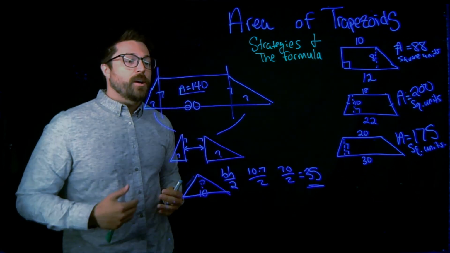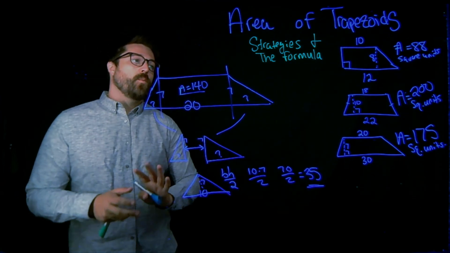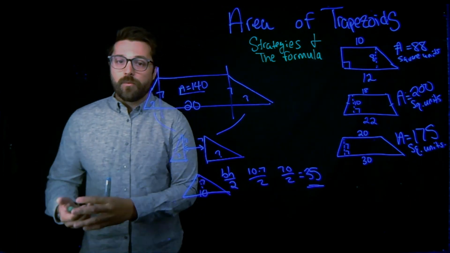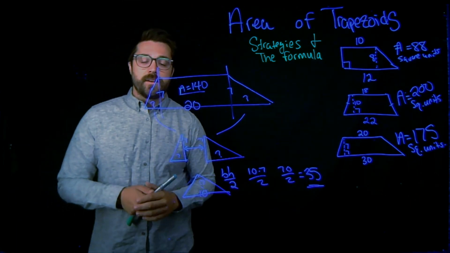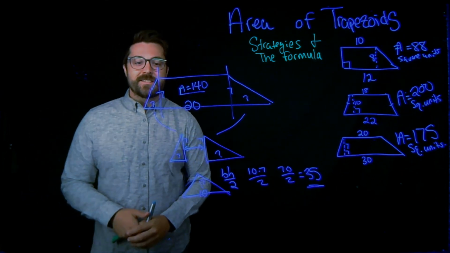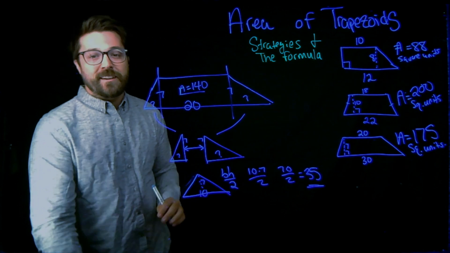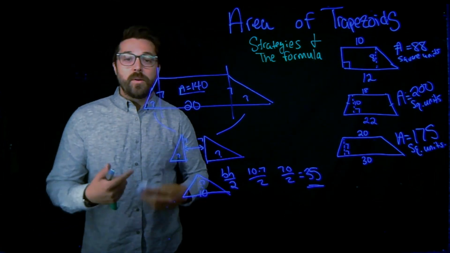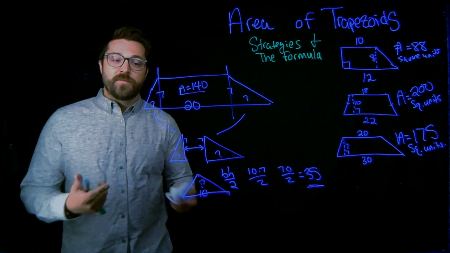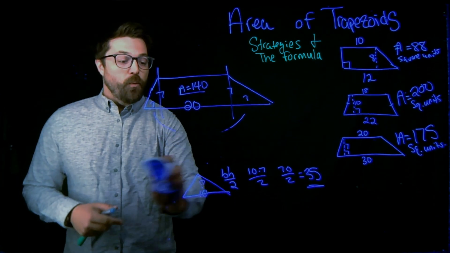So even coming directly into 7th grade without direct experience working with trapezoids, students have worked with rectangles and triangles in 6th grade. They even worked with composite figures in 6th grade. And so thinking about this like a composite figure, we can continue to build that background and build that understanding for students.